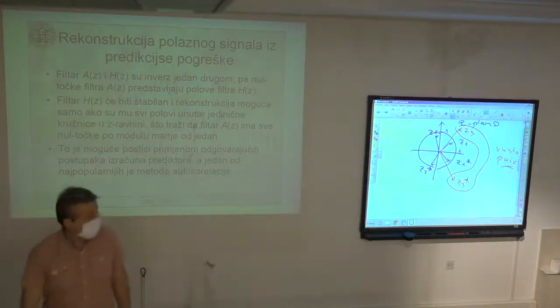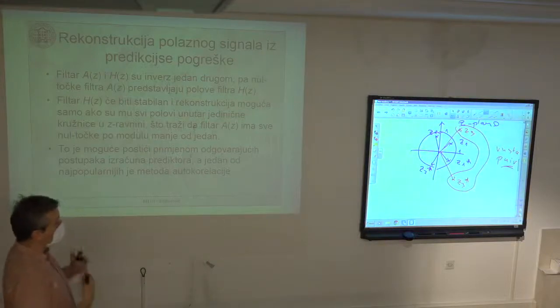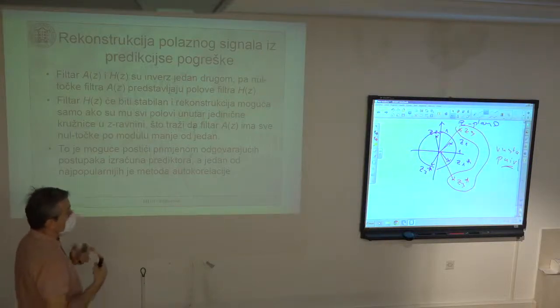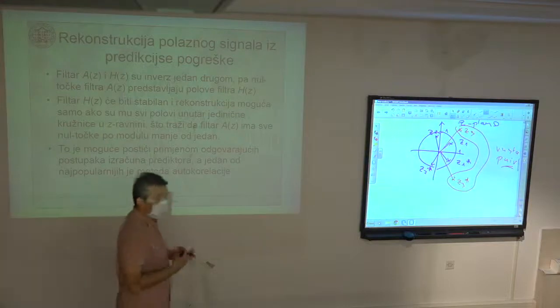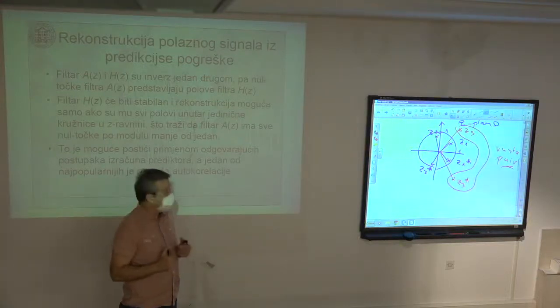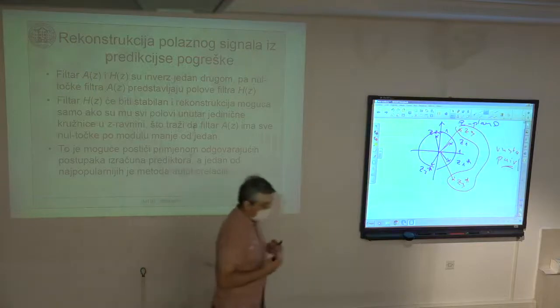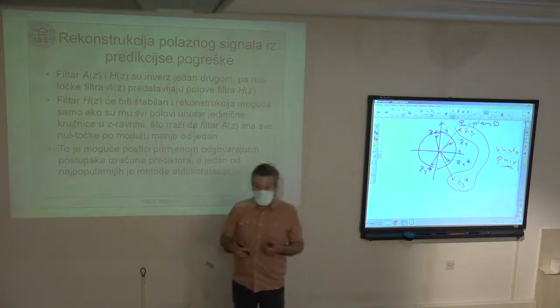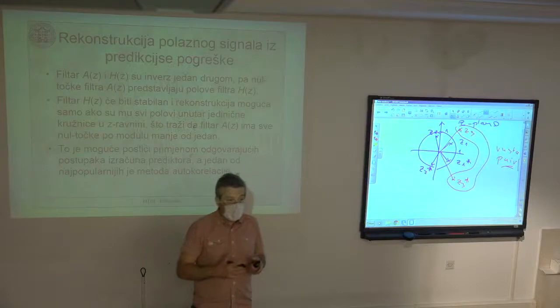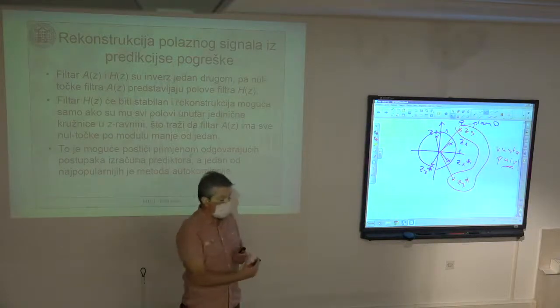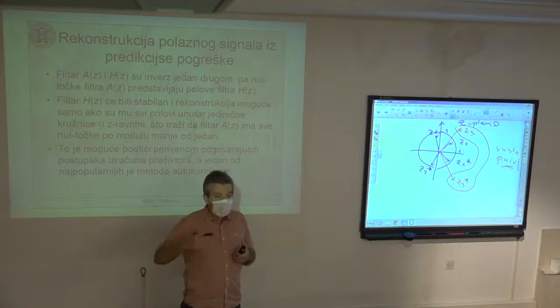So I have to find a solution for the predictor that has all of its roots within the unit circle. Only in this case, the inverse filter, H(z), is a stable filter. Otherwise, it means that it's unstable. It means that although I have a finite excitation of the reconstruction filter, its output increases exponentially with time.